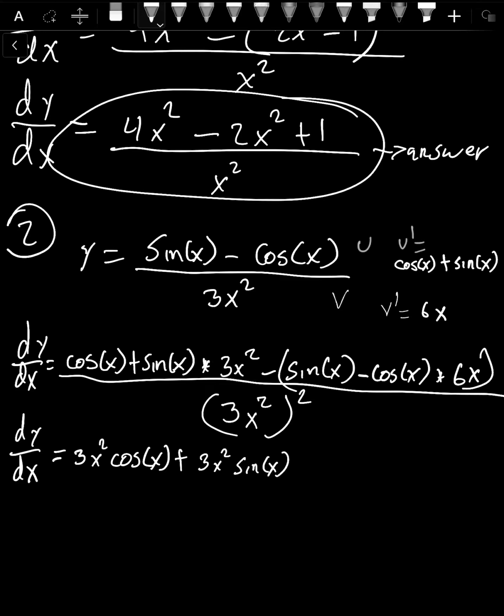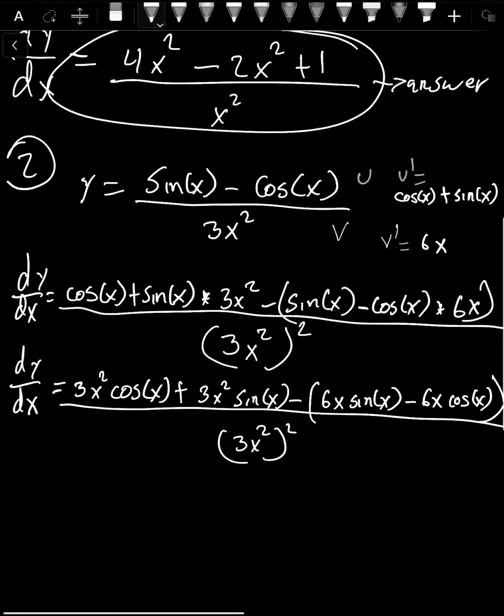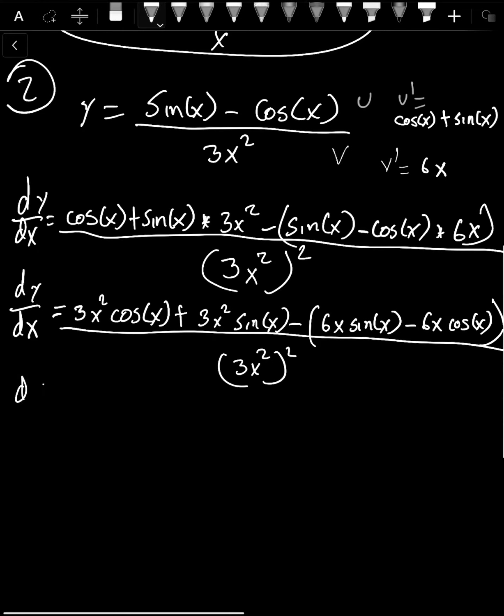Then minus, let's take care of whatever is inside the parentheses first. So 6x times sine of x, which is going to be 6x sine of x minus 6x cosine of x, right? And then all these over 3x squared, right?